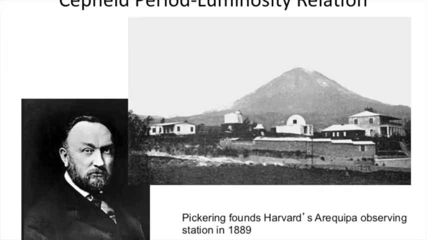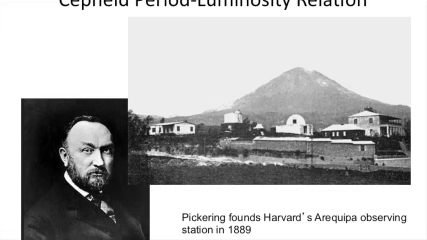So Cepheids begin to become particularly important, not only because there were some bright ones that Stebbins begins to look at, but also because of a series of observations begun by the Harvard College Observatory. Some of you may recognize Edward Charles Pickering in this image.